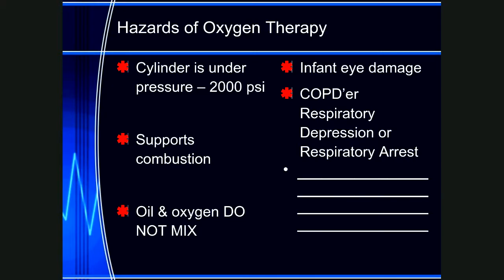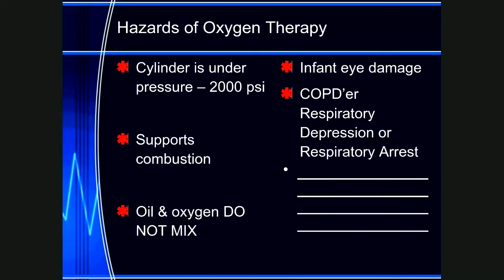COPDers, end-stage COPD patients: their stimulation to breathe is by their hypoxic drive, where they have too low of an oxygen concentration. The theory is that if you administer too much oxygen to a COPD patient, they'll stop breathing. That's not true.